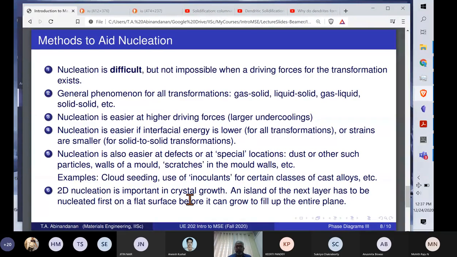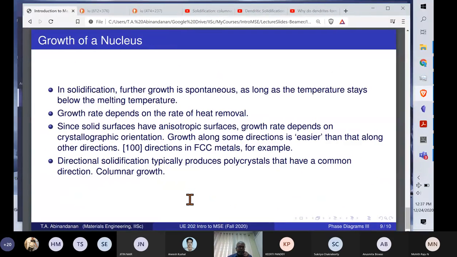R wins over r squared, and therefore it is difficult. So you need to create the conditions. You have to make it easier for these steps to form quite readily during crystal growth. And of course, in certain cases, you may not want crystal growth to happen in a certain way. In that case, you may actually exploit this process as well. So that's pretty much it about nucleation.